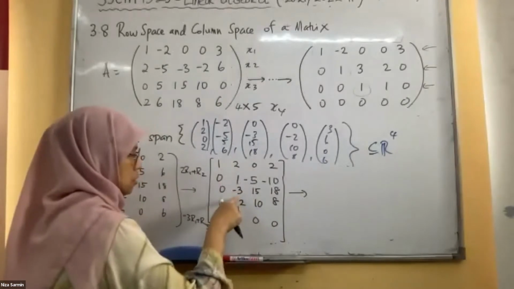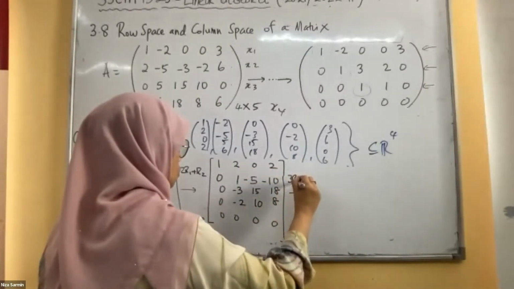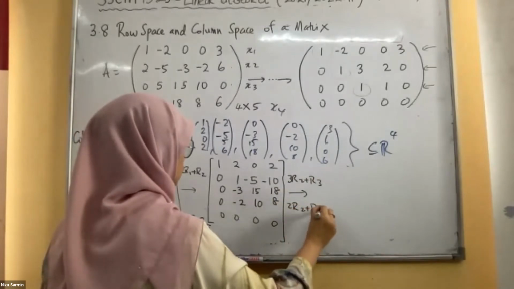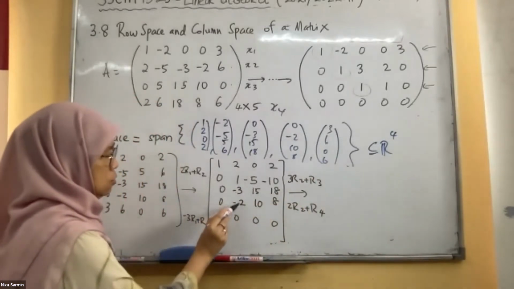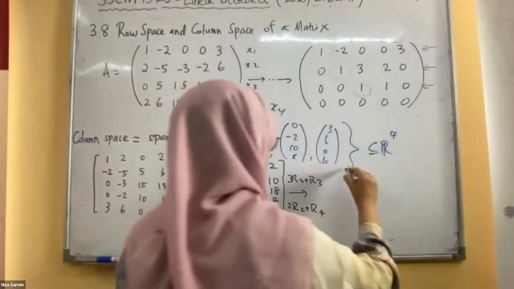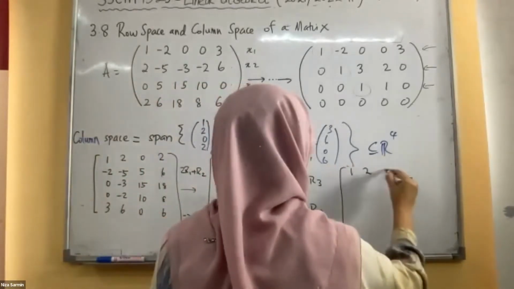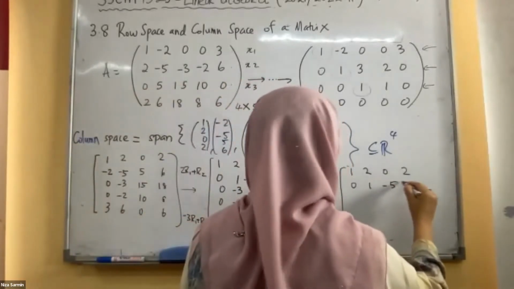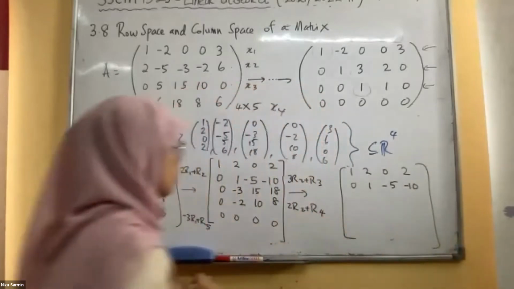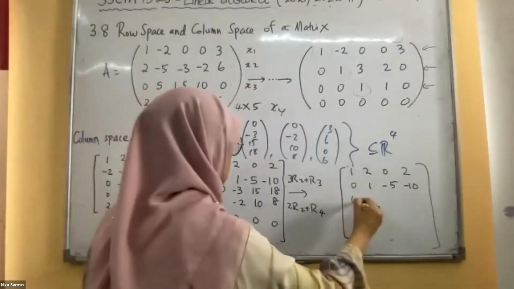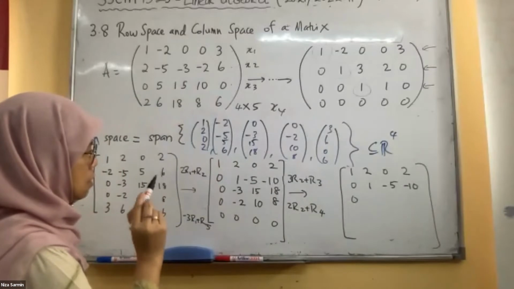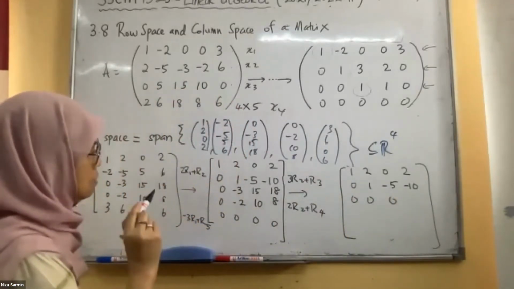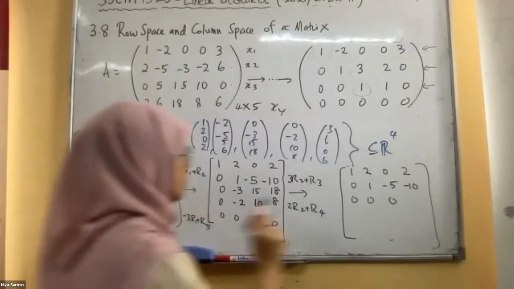I can make this 0. 3 row 2 plus row 3. 2 row 2 plus row 4. Okay, to make this 0, this 0. Okay, 0, 3, and add. 3, and add.